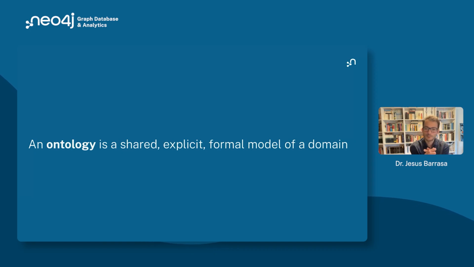There's an important thing about ontologies, though, and it's the fact, as you see in the description, that they are explicit and formal, and sometimes shared. It's common that we define ontologies with the intention to share information, to enable interoperability, as we're going to talk about in a minute. But the critical thing, I would say, is that they are formal. And by formal, we just mean that they are machine readable.